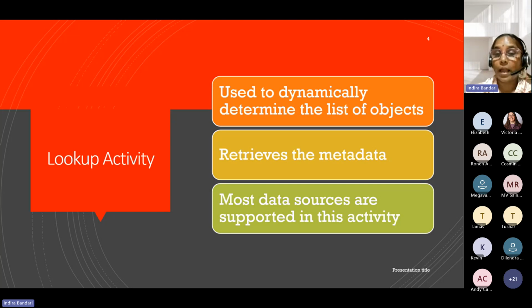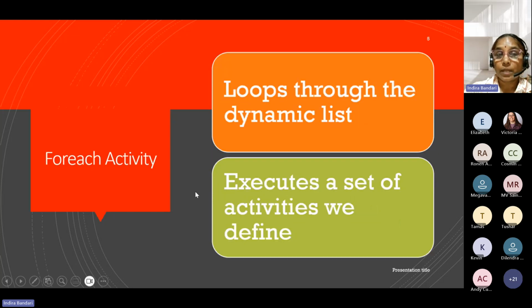So once you add the lookup activity, then what you do is you will add a for each activity. Now, for each activity is like any other loop concept in a programming language. So, since you will have 5 tables, first you will copy one table, then it's going to iterate itself into second table, third table, fourth table, fifth table, like that.